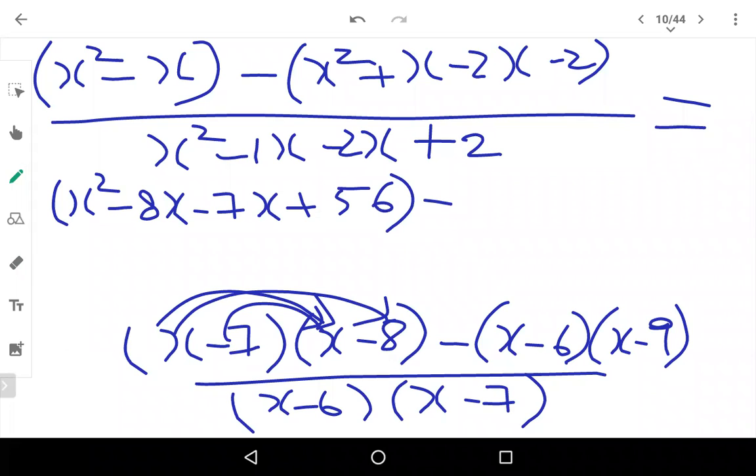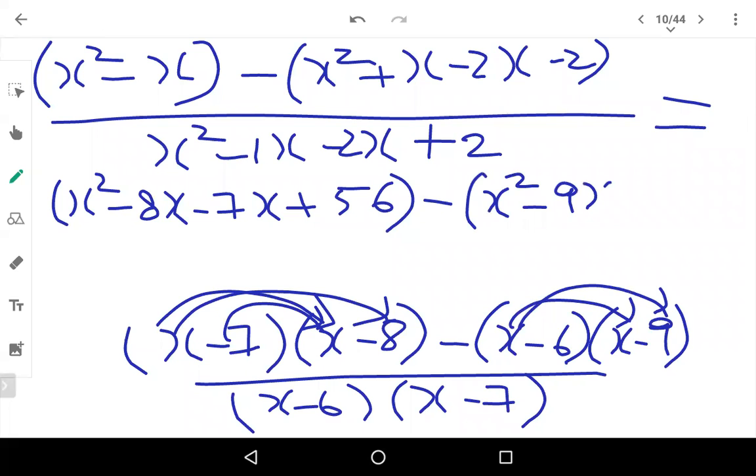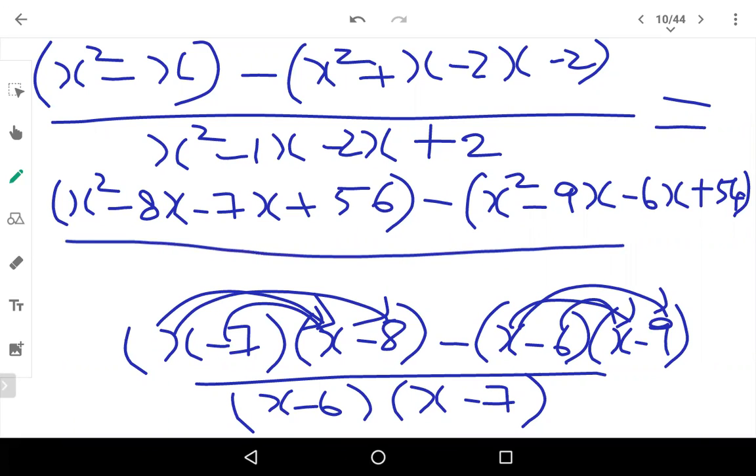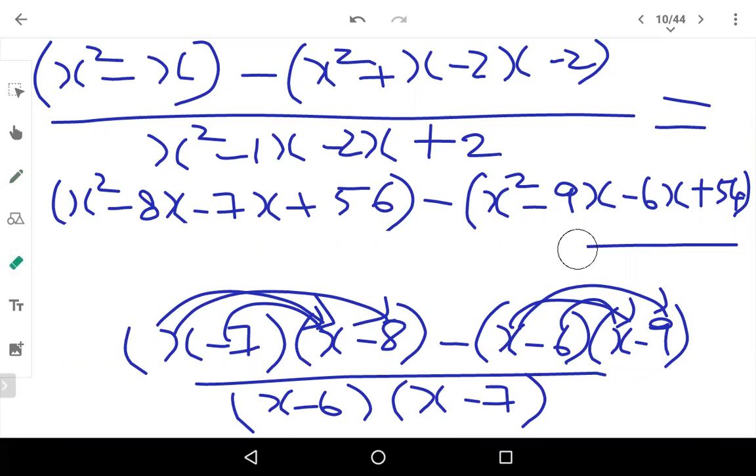Then I will keep this minus as it is. Now let us multiply the other side. x into x is x square. x into minus 9 is minus 9x. Minus 6 into x is minus 6x. And then we have minus 9 into minus 6, which is nothing but plus 54. So this is your numerator part. Now let us multiply the denominator.